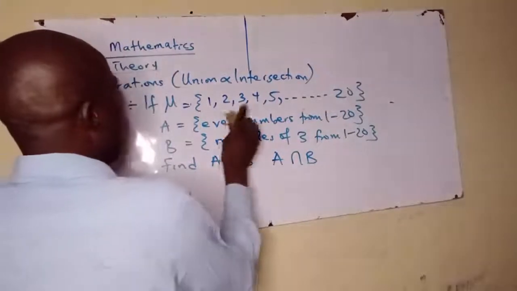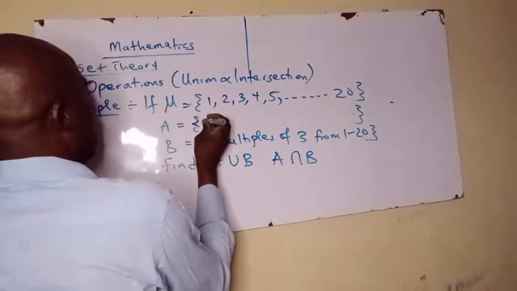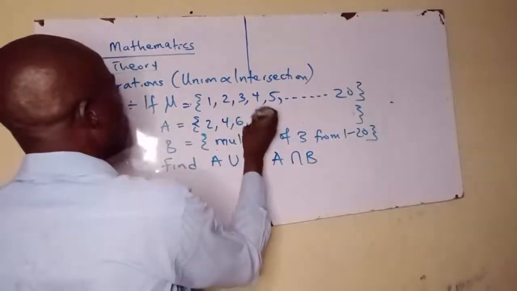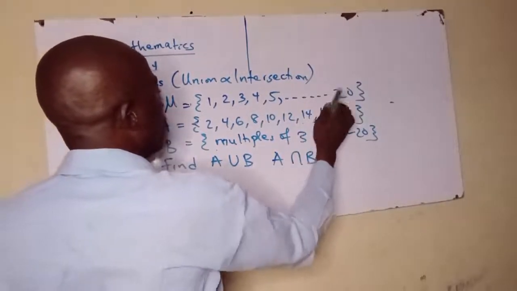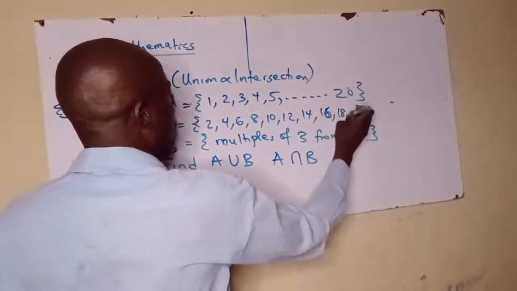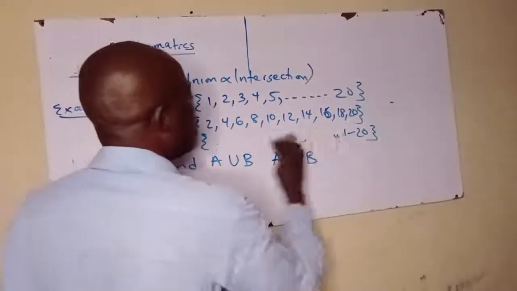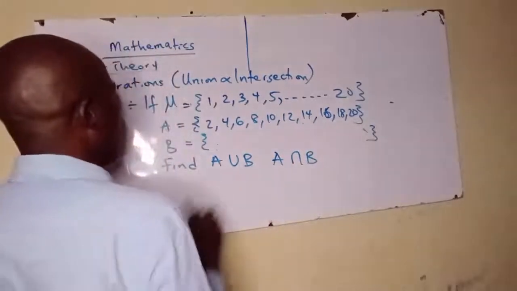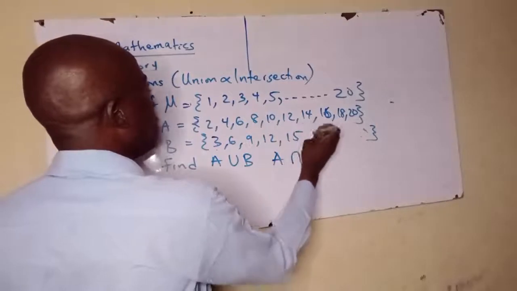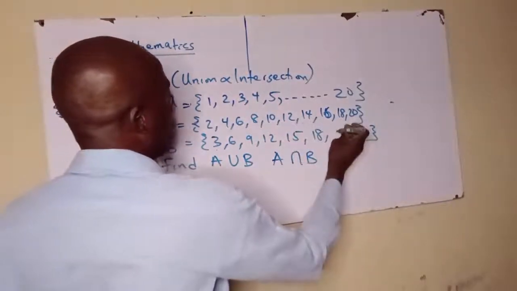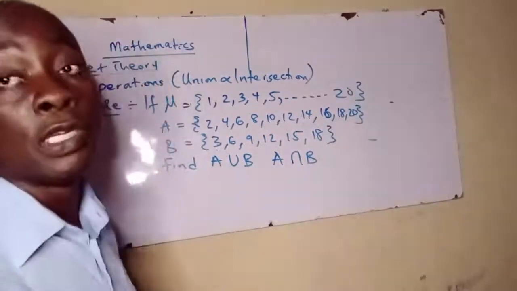A is a finite set, and it is 2, 4, 6, 8, 10, 12, 14, 16, 18, and 20. Now B, multiples of 3, is also easy to expand. We have 3, 6, 9, 12, 15, 18, and it ends at 18 because the next multiple will be 21.